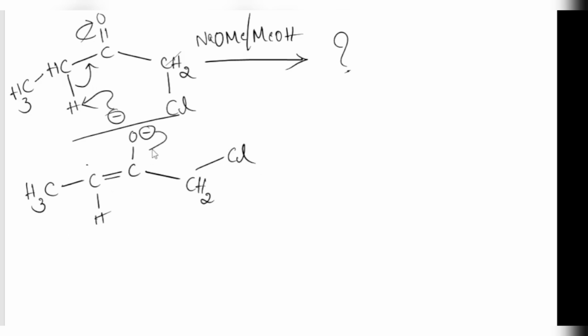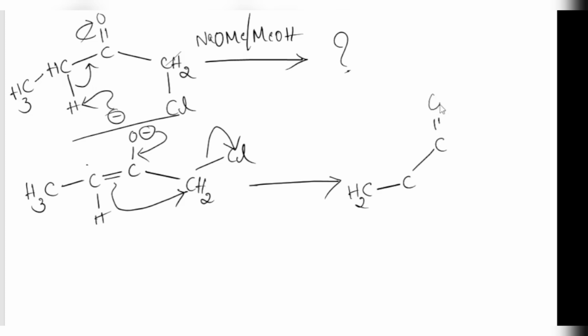Then this enolate will attack in SN2 fashion, and the chlorine will leave as chloride, the leaving group. Then here CH2, we will get a 3-membered ring, that is CH2, then C, and here the carbonyl group is there, and here CH2, like this we will get. Now we have two options when the methoxide ion attacks and generates the tetrahedral intermediate.